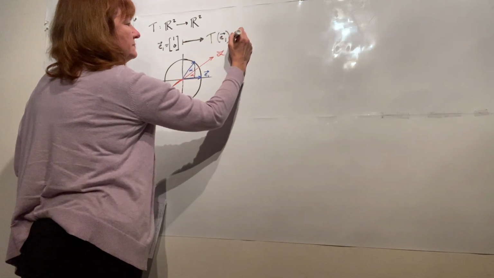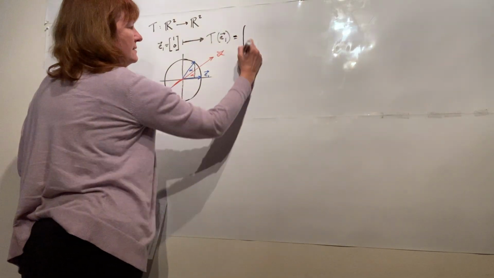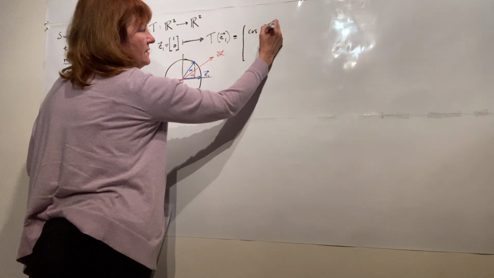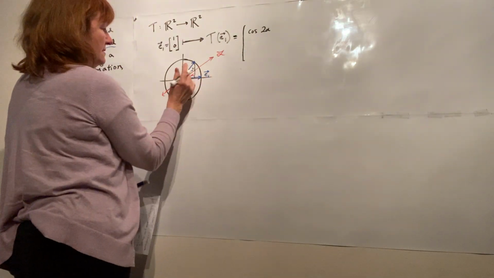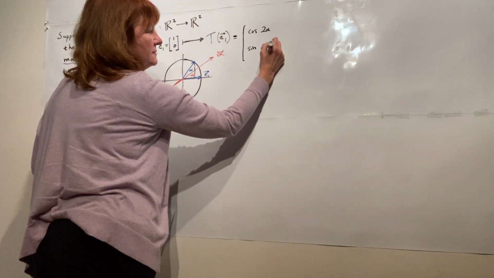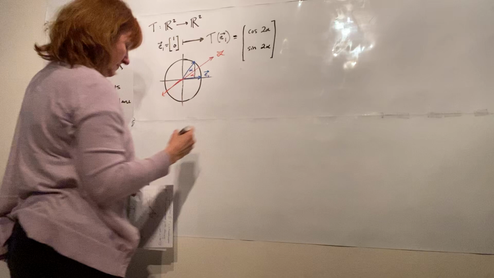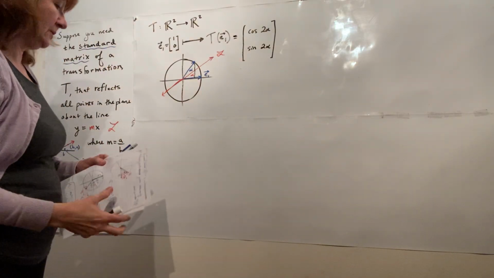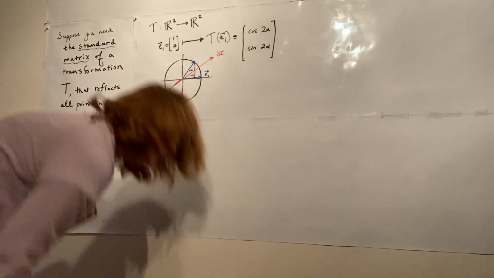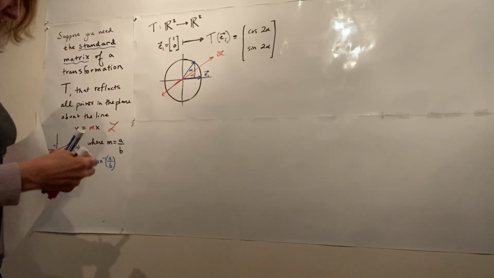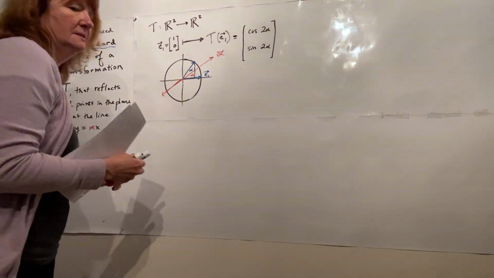So T of E1 has x-coordinate cosine of twice alpha, and y-coordinate sine of twice alpha. For E1, that's pretty straightforward. For E2, it's slightly more complicated, but not impossible.